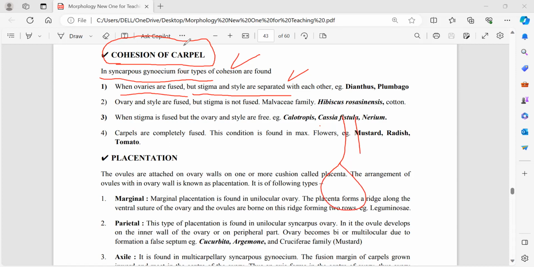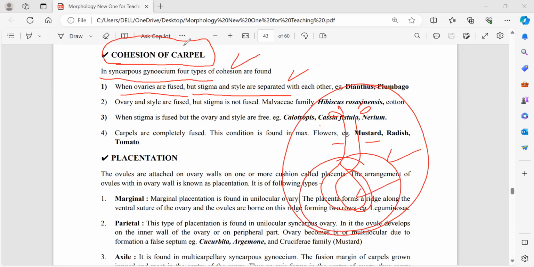Ovaries will be fused, but style and stigmas are free. Style और stigma क्या होंगे? Free. Here the fusion is in ovaries only, and style and stigmas are free. For example, this condition is seen in dianthus and in plumbago.